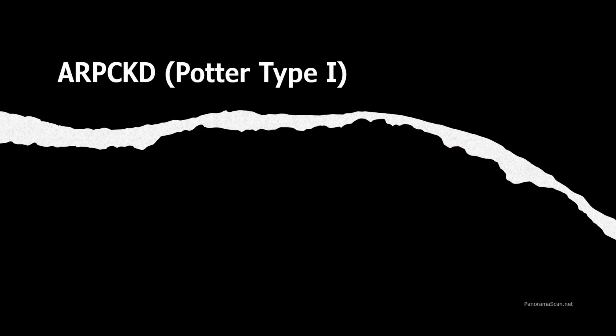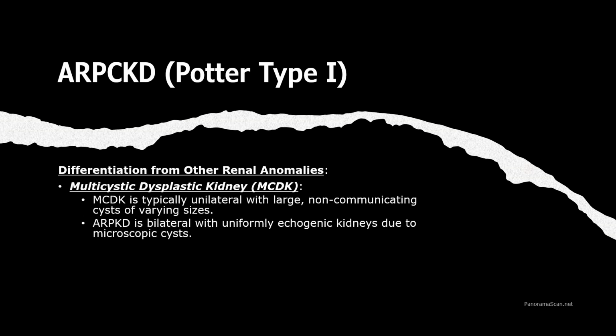To discuss how ARPKD can be differentiated from other renal anomalies that may present similarly on ultrasound. Multicystic kidney disease typically affects only one kidney and presents with large non-communicating cysts of varying sizes.